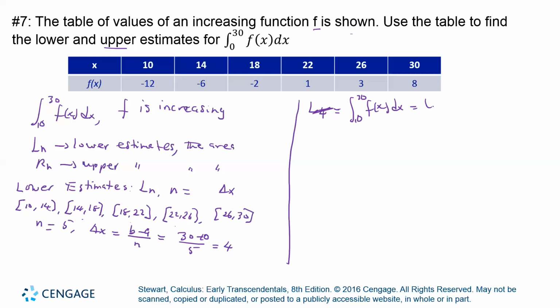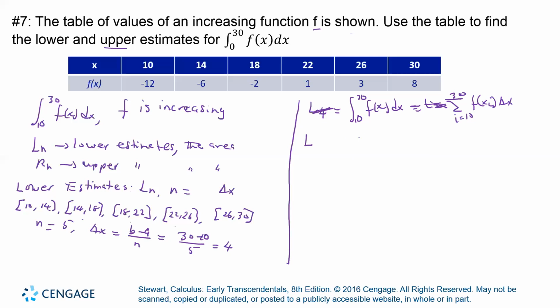We're not going to take the limit now, approximately we have the sum from i equal to 10 to 30 of f of xi times delta x. Delta x is 4, so we want to find L4.